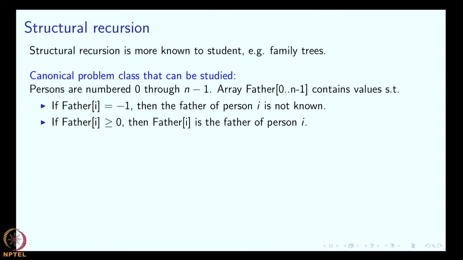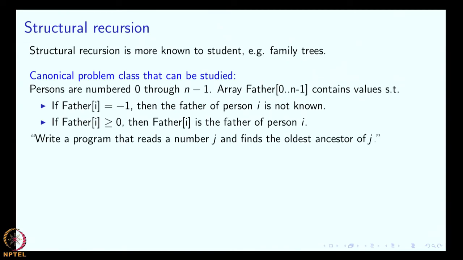If father of I is greater than 0, then it is the ID of the father of person I. So for a person I, the array either tells you that we don't know who the father is, or tells you which number is the father of that person. Now you can ask: write a program that reads the number j and finds the oldest ancestor of j. Will a student be able to solve this problem if the array is given on the board?